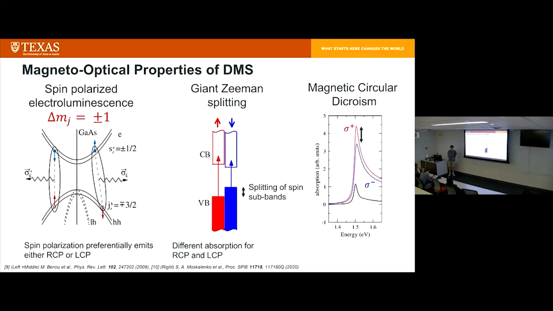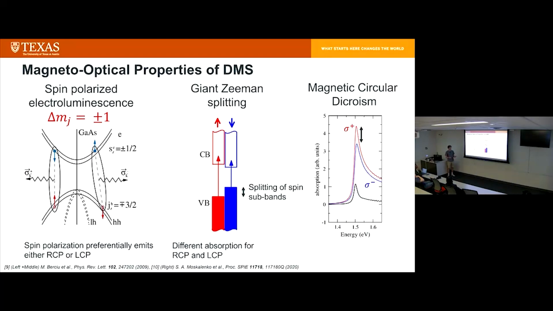So getting into why it's interesting for optoelectronics, DMS materials have some very interesting magneto-optical properties, which are very unique. The first is that its electroluminescence is spin polarized. And where this comes from is what's known as the optical selection rules. Essentially, when you have an optical transition, you have to conserve the total angular momentum.